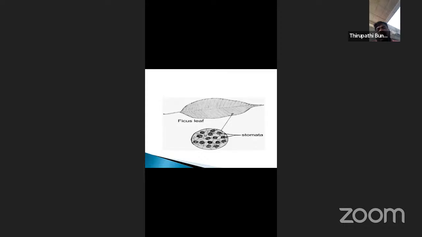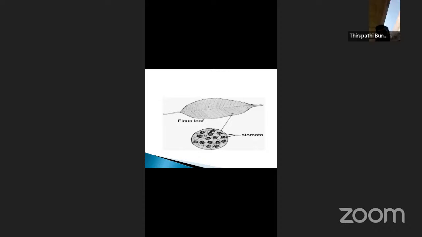We take only a small piece, that is called a leaf disc. Stomata contain different parts: guard cells, subsidiary cells, and epidermal cells, commonly called the stomatal complex.